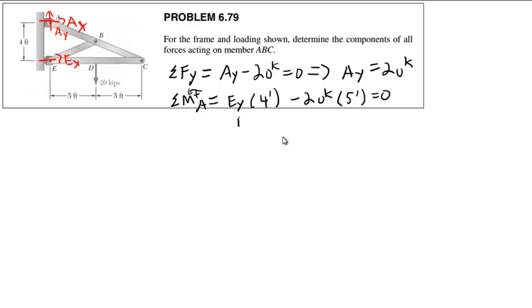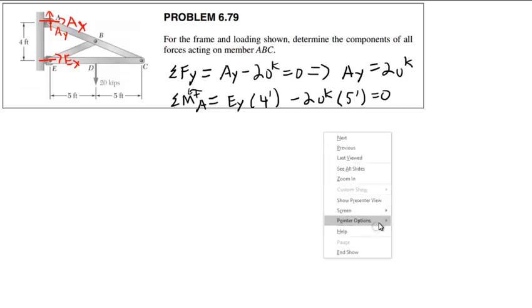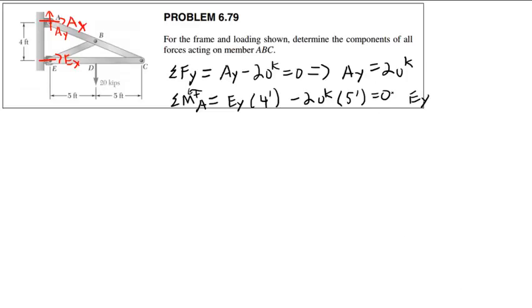And EY, actually let me put it over here, I want to try to conserve space. This leads to EY is equal to 100 over 4, so 25 kips, correct? 25 kips.